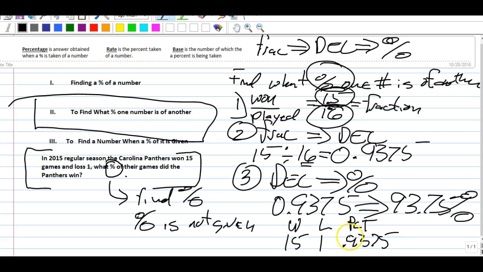And the way that they determine the winning percentage is they divide the number of games won by the number of games played to get this last column. Now, it's not technically a winning percentage, because it wouldn't be a percent until we basically move the decimal 2 places to the right. But anyway, that's how that's computed.